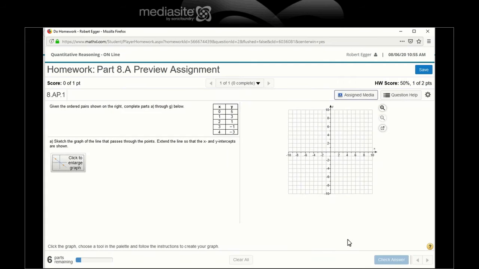Let's do a quick check on the table here. I'm going to note that the x's all change by 1, so it's a constant change of x. And for my y's, let's see. 3 minus 5 is minus 2. 1 minus 3 is minus 2.